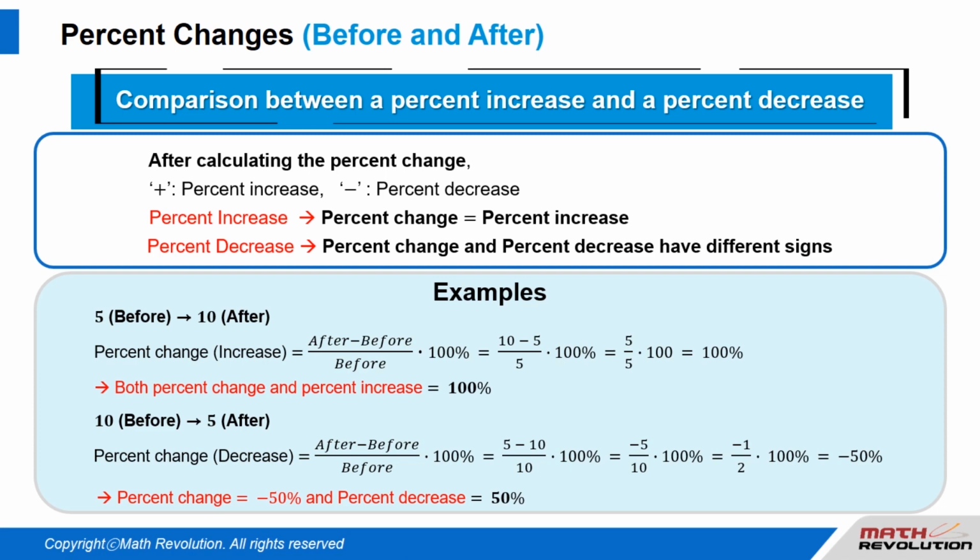That is, the percent change is -50%, but the percent decrease is 50%. Here, the percent change is not equal to the percent decrease. The minus sign of the percent change must be removed to convert it to the percent decrease.